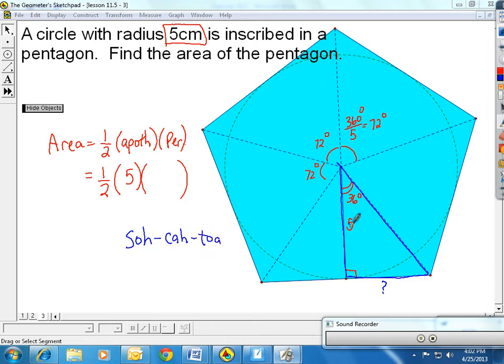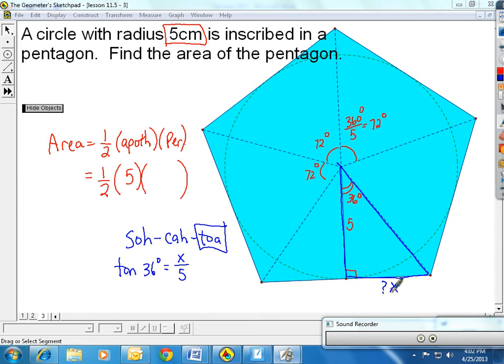I've got an adjacent and I've got an opposite. So adjacent and opposite is tangent. The tangent of 36 degrees is going to equal opposite over adjacent, x over 5. I'm going to call this question mark down here x.